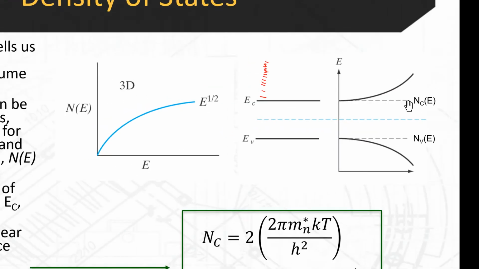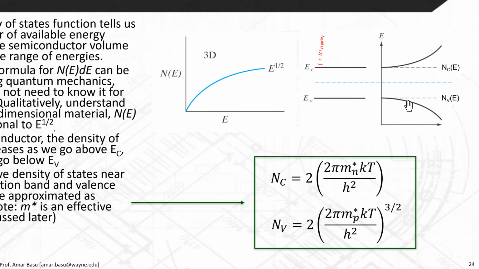So the proper way to find the electron concentration would be to take into account that you have a varying density of states, and then you have a varying Fermi function. You take the product of the two functions and you integrate over an energy range.